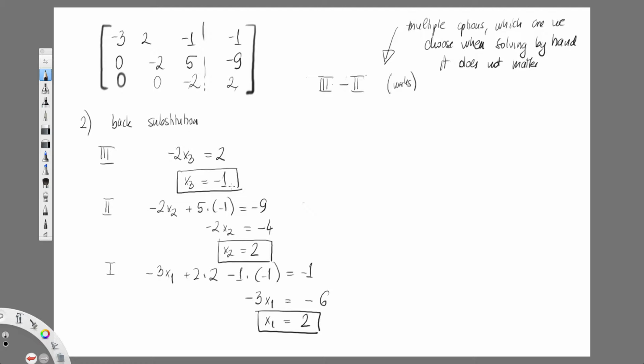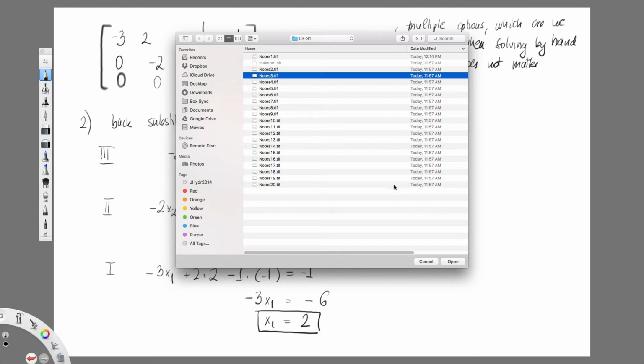So this is basically the system solved. Now let's see if we can figure out some rules that we could try to program later on. I just want to come up with some rules.